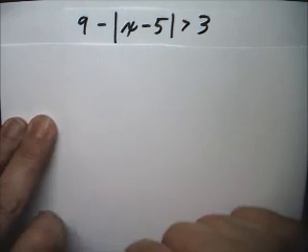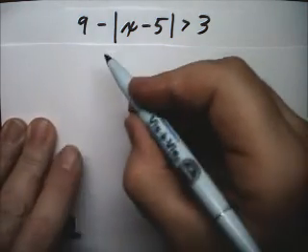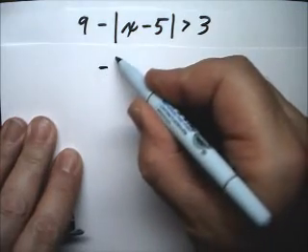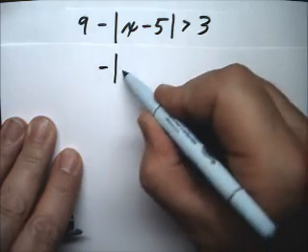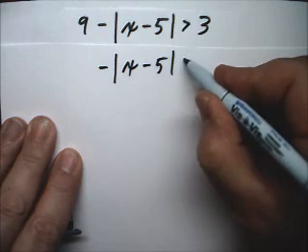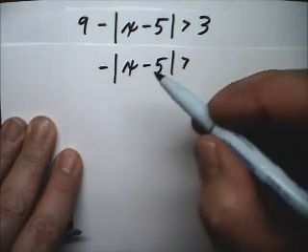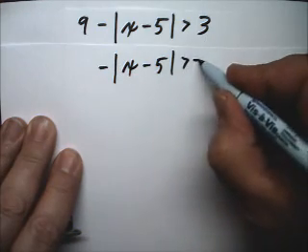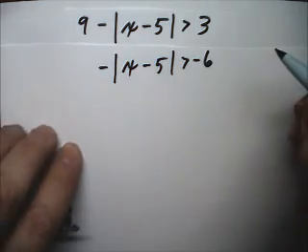I can subtract 9 from both sides. That leaves me with the negative absolute value of x minus 5 is greater than, let's see, I subtracted 9, so that's minus 6.